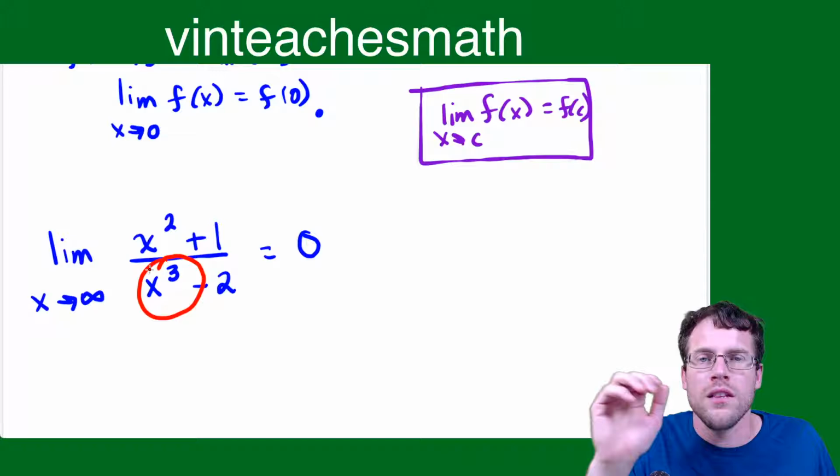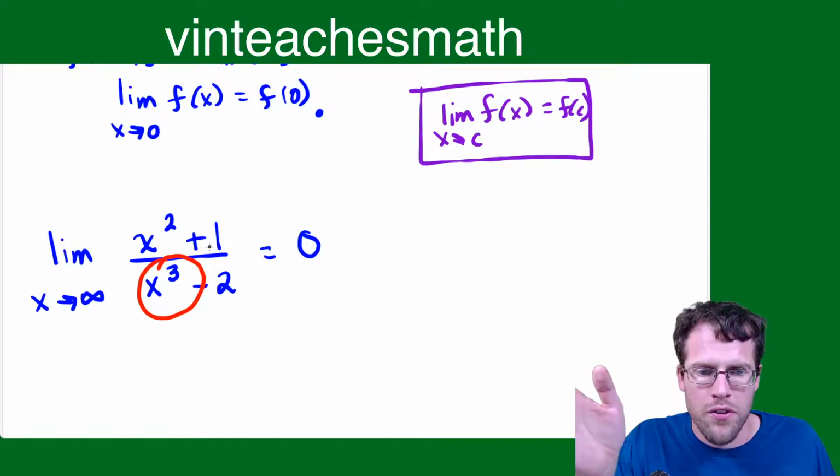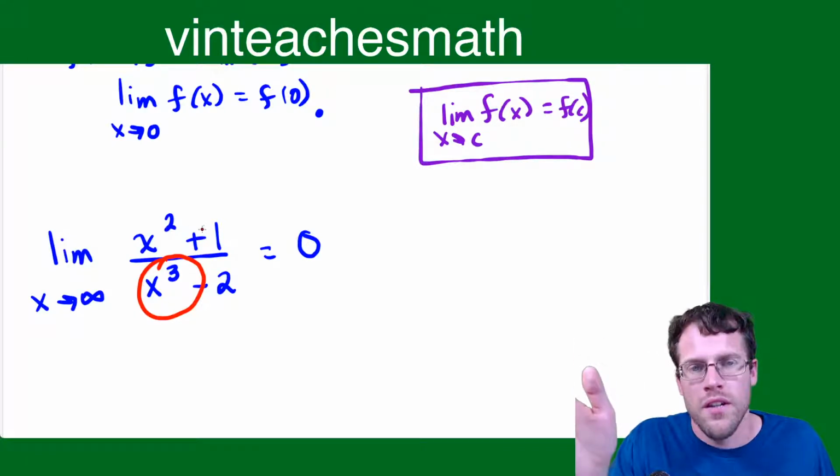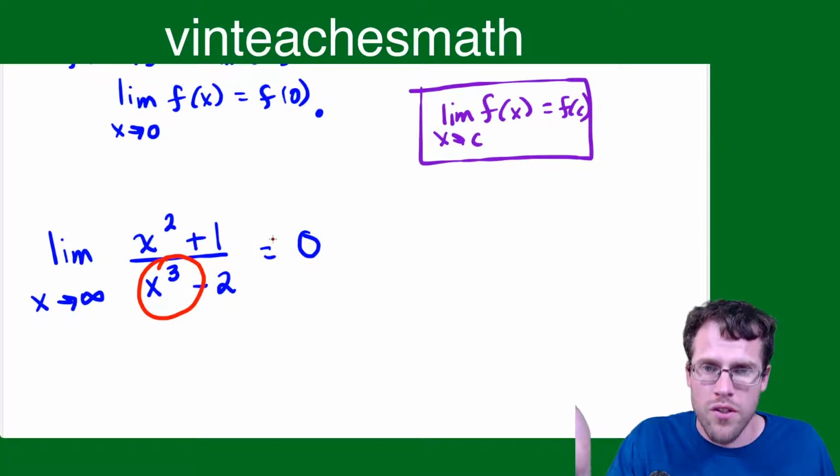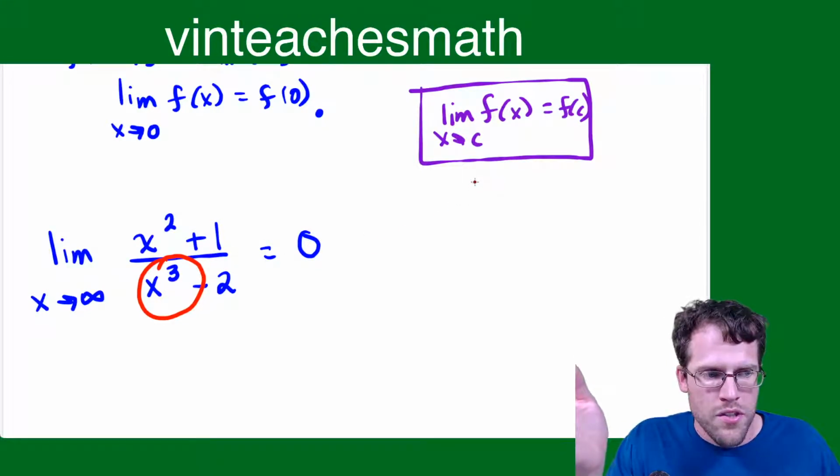And it's all about the leading term. So x to the third beats x squared and 1. So if the denominator wins, the limit goes to 0. All right, so this is just an idea for limits at infinity.